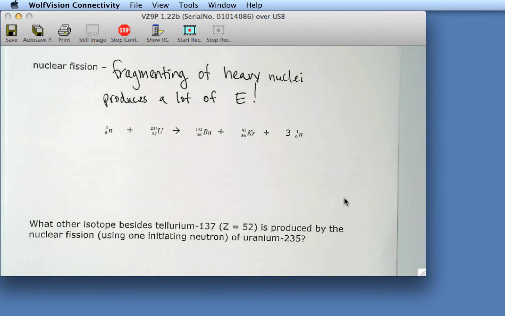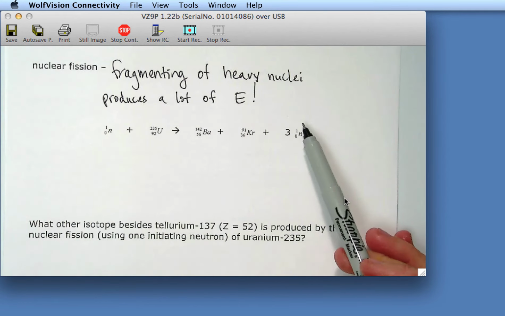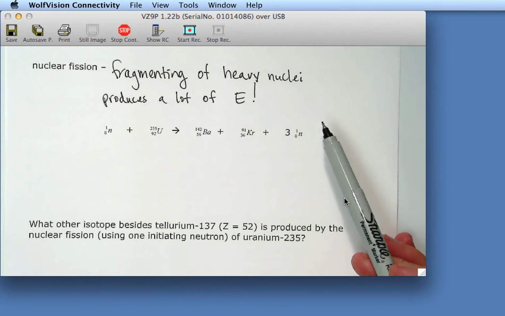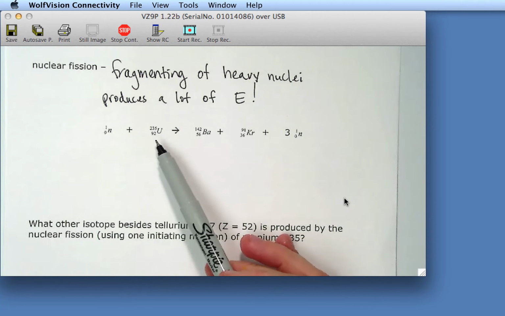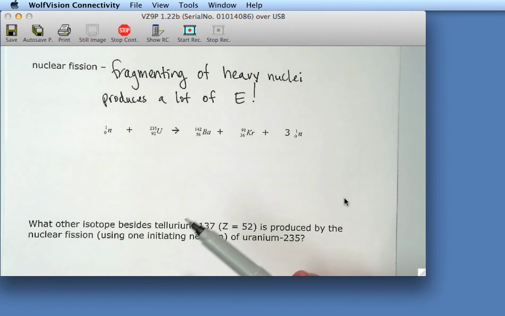So it's kind of like this little neutron is a wrecking ball, and it's breaking apart this heavy nucleus. What happens, more neutrons are produced, which then react again with the uranium-235, and so this cycle keeps going. This is the type of reaction that goes on in power plants.